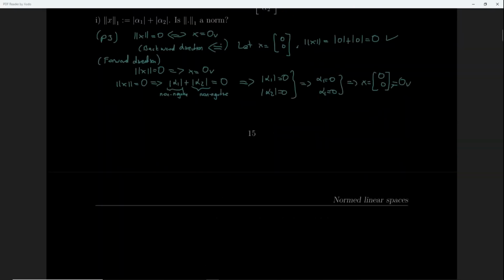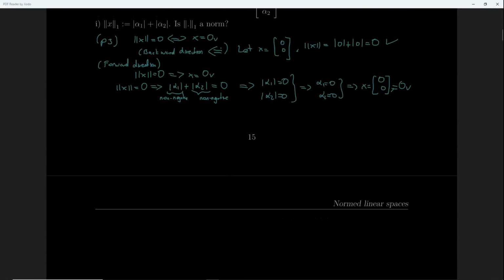So let me write a bit down here. P2 states that if you take a scalar gamma and multiply it with x, the norm should be equal to the absolute value of gamma times the norm of x, for all x in V and for all gamma in F. Okay.